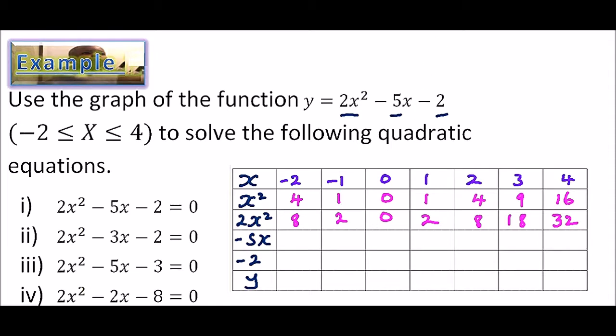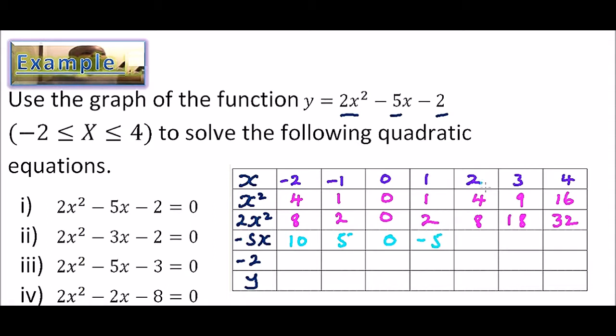From there we get the minus 5x. So this is minus 5 multiplied by minus 2, you get positive 10. Minus 5 times minus 1, you get 5. Minus 5 times 0, you get 0. Minus 5 times 1, you get minus 5.